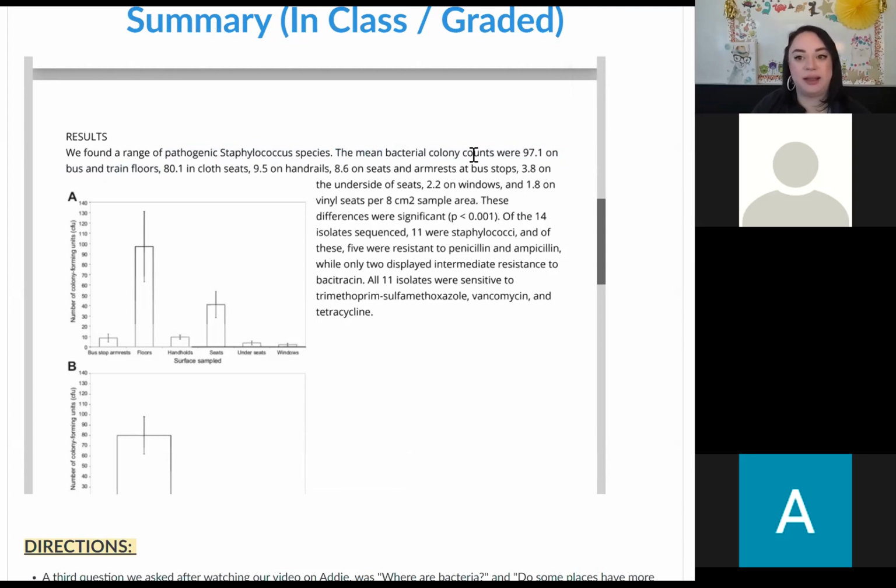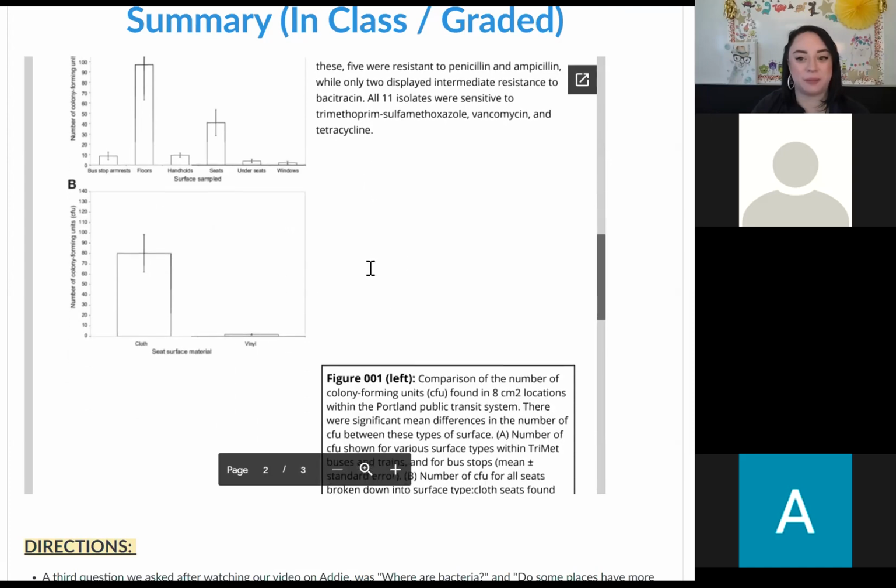So the average bacterial colony counts were 97 bacterial colonies on bus and train floors, 80 bacterial colonies on cloth seats, 9.5 bacterial colonies on handrails, 8.6 bacterial colonies on seats and armrests at the bus stops, 3.8 bacterial colonies on the underside of seats, 2.2 bacterial colonies on windows, and 1.8 bacterial colonies on vinyl seats. Okay, and then they also show that in the graph here.